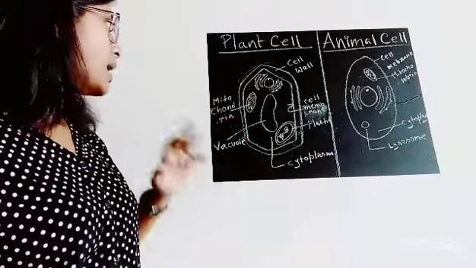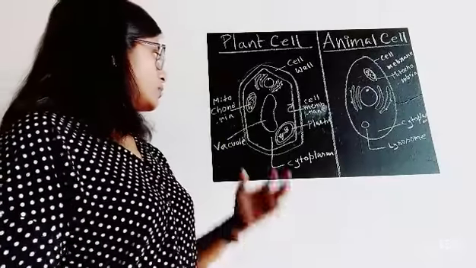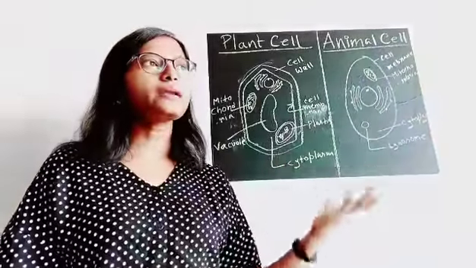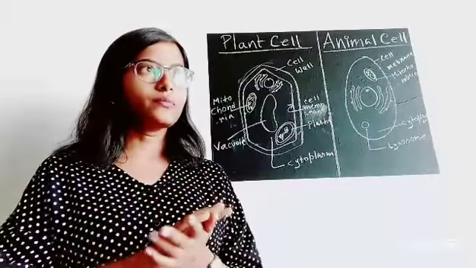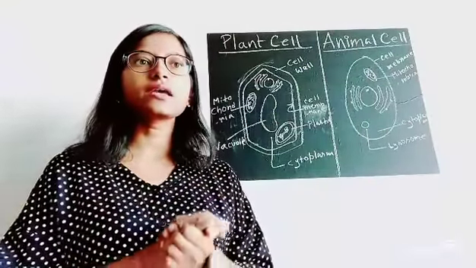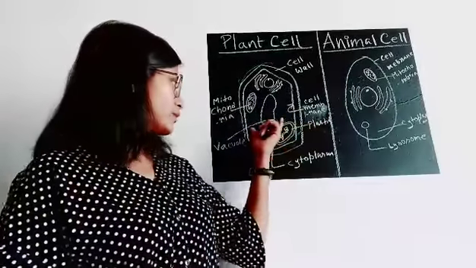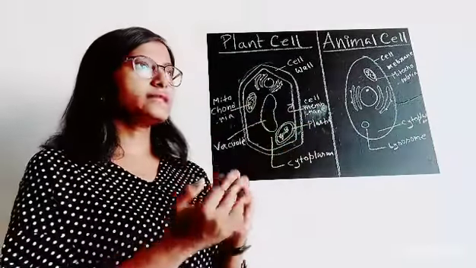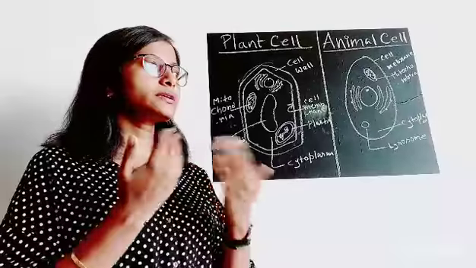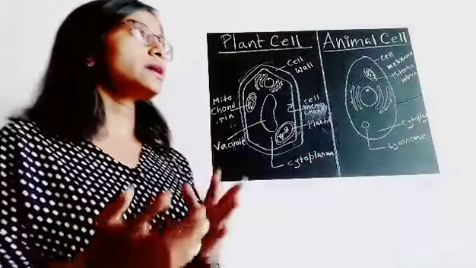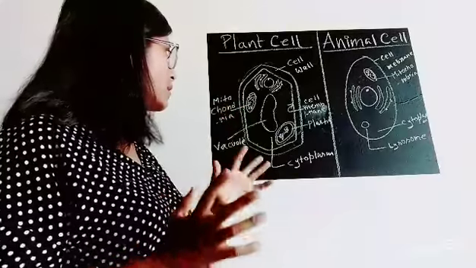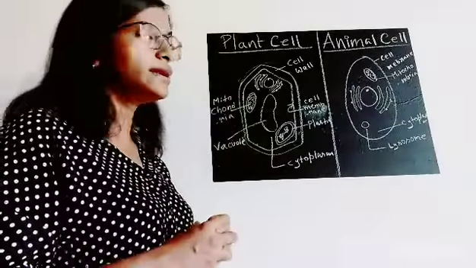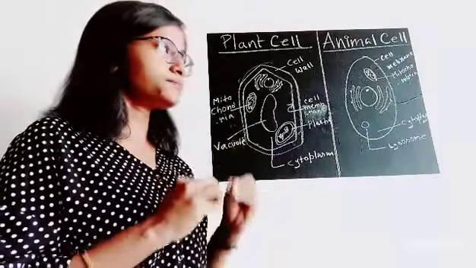What it does is, the plant has to absorb a lot of water for its normal physiological functioning. So in the vacuole, they gather that water, and whenever it is needed, they use that water. So there is a big, large vacuole at the center of the plant cell.